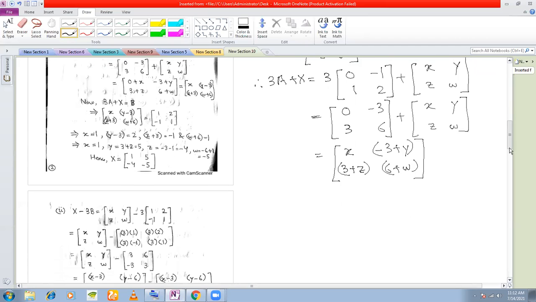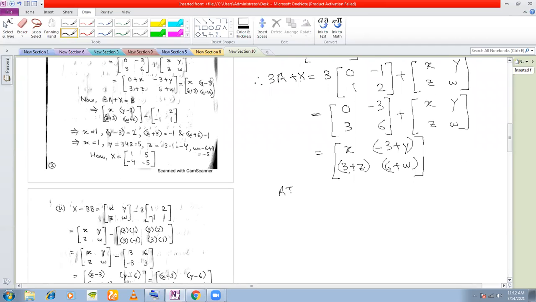Now, according to the problem, what is given? That 3A plus X must be equal to B. So 3A plus X is equal to B means the matrix X, minus 3 plus Y, 3 plus Z, 6 plus W is equal to, what is the matrix B here?